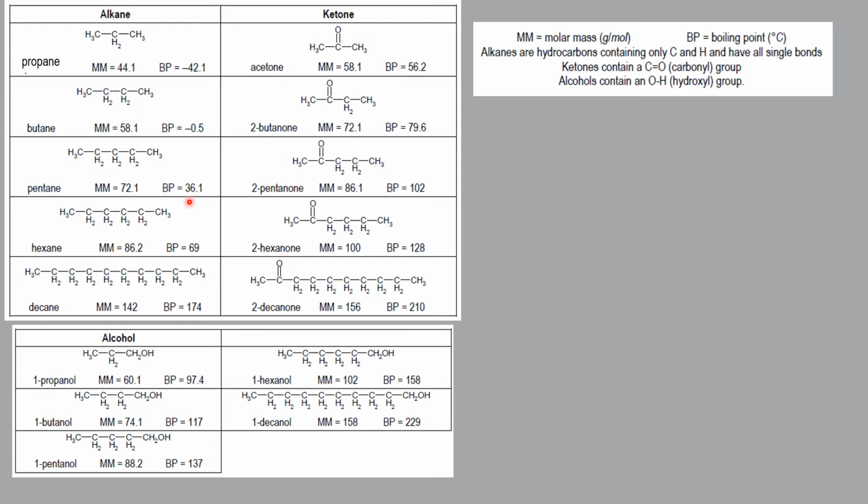All right, welcome back. So what makes a particular molecule a ketone is the presence of this carbon-oxygen group right here. What makes something an alcohol is this OH group right here. And more specifically, I'll draw it right here.